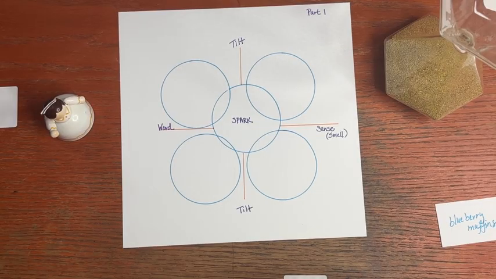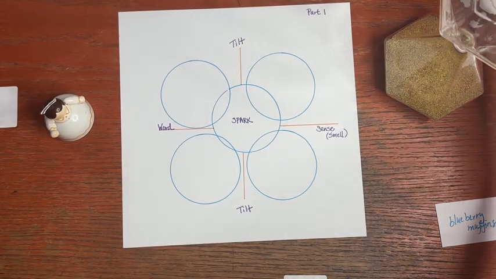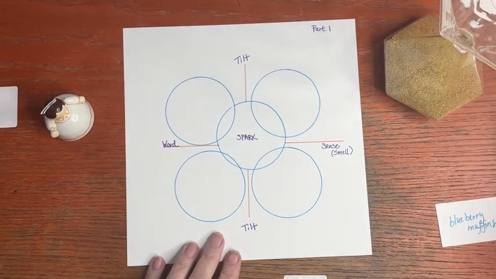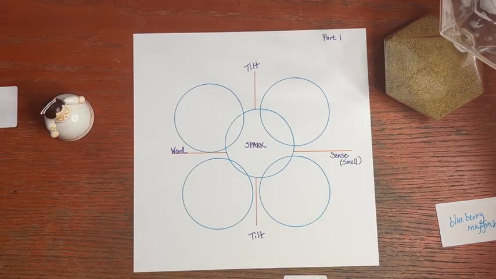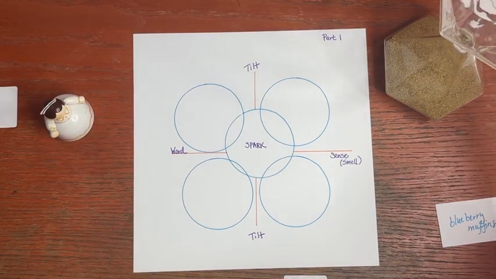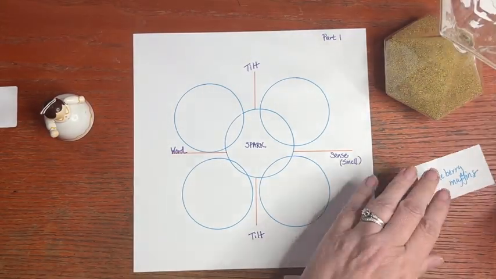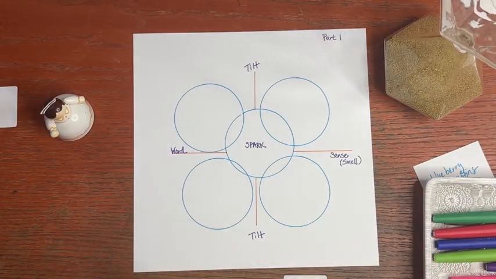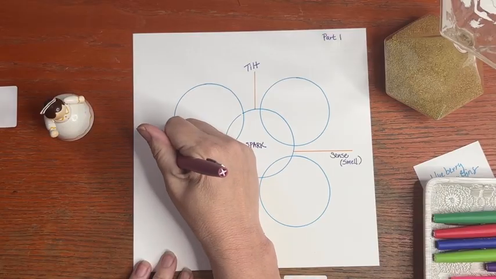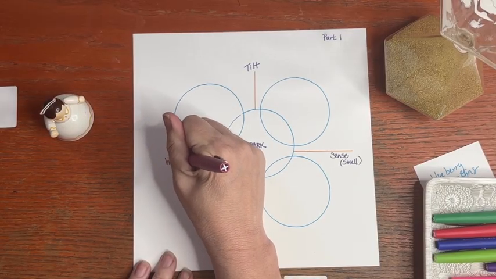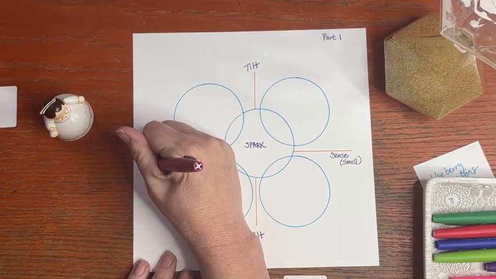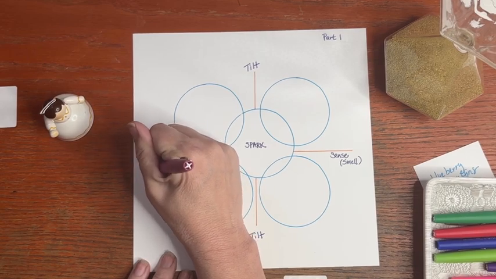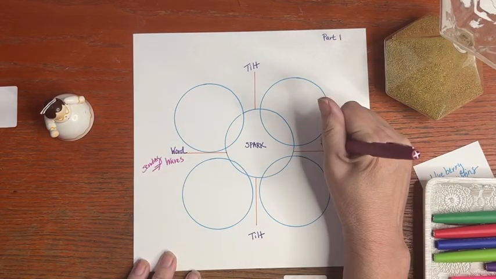So let's start to fill out our idea grid and get this spark going. So we've got waves, scowling, and we've got a blueberry muffin.